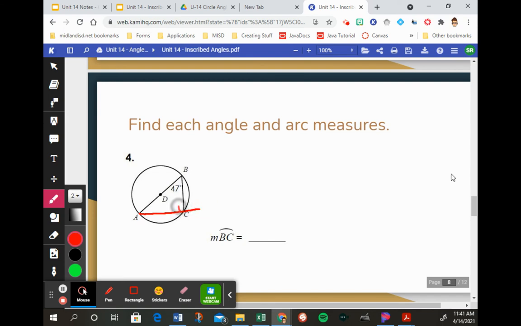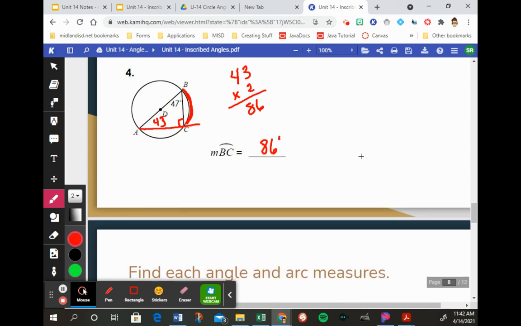This is 90. So this is what? 43? 43 times 2 is 86. So 86 degrees. You're going, but how do you know that? Well, I had to draw in what was missing, because I needed to know this arc right here. Okay.